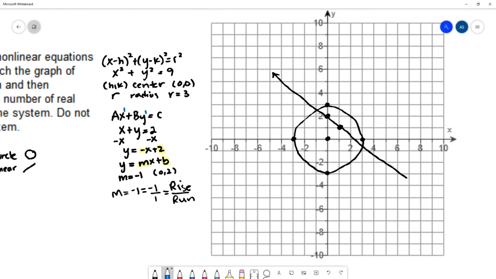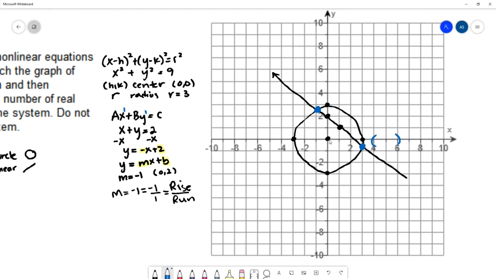And I'm taking a look at the intersection points. The line and the circle intersect in 2 places, so this system will have 2 solutions. We can see the approximate value of those solutions, although it's not easy to come up with the exact answer graphically. We do get an estimate.